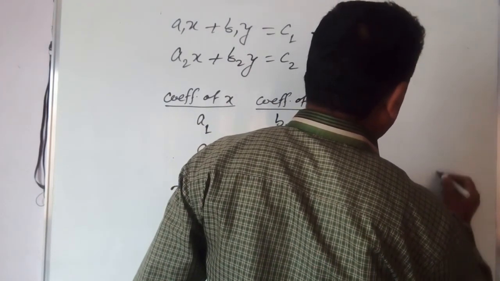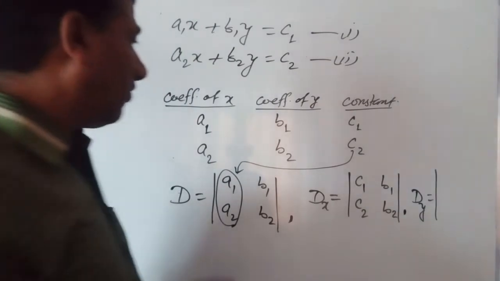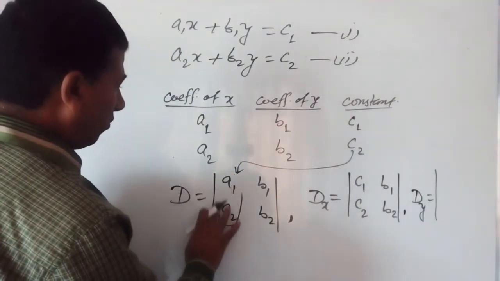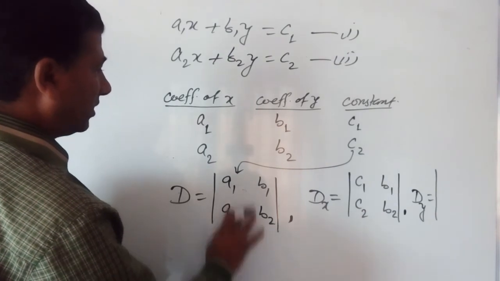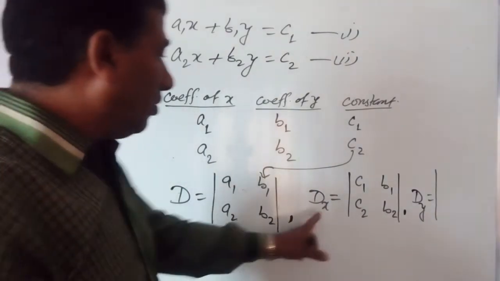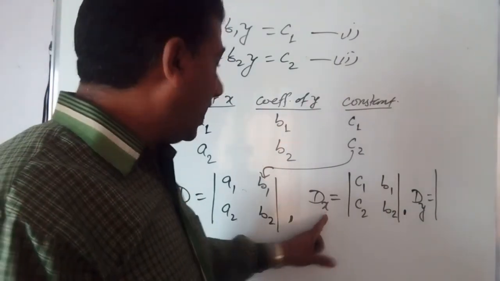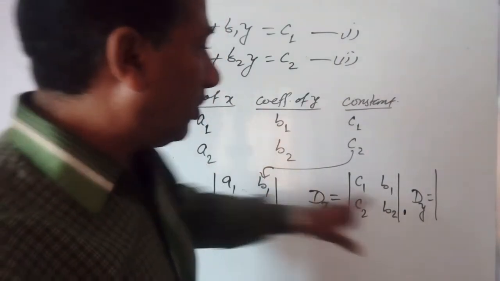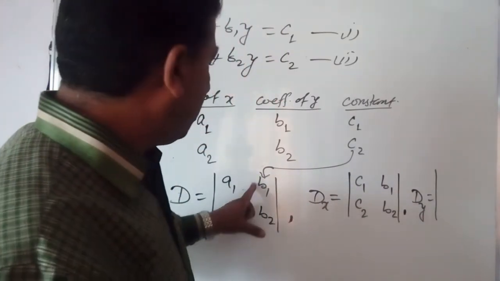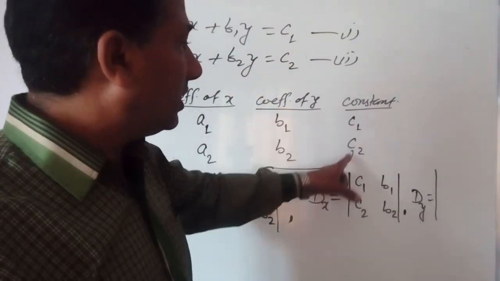For the determinant of y, again a1 a2 will be the same coefficients of x, and just replace the coefficient of y. For the determinant of x, replace the coefficient of x. For the determinant of y, replace the coefficient of y. In place of b1 b2, put c1 c2.